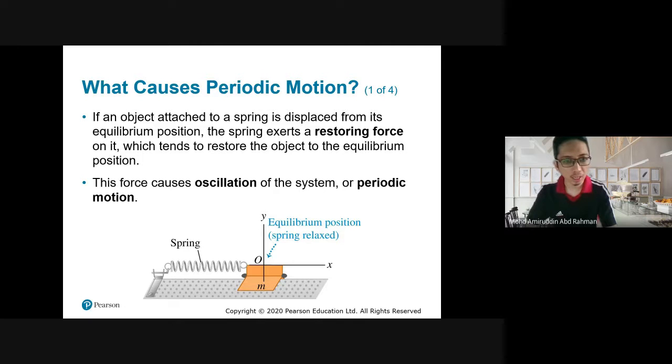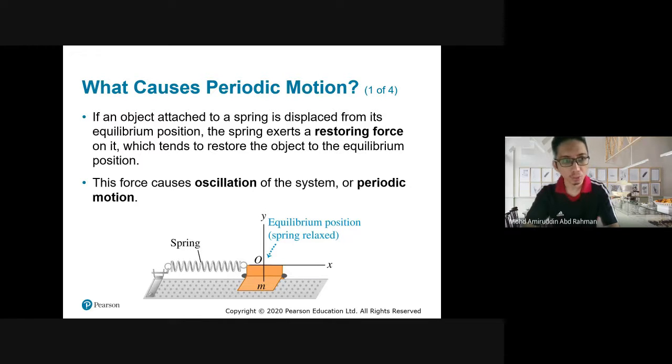If we move the object towards the spring, meaning that the spring is compressed, of course the spring will revert back to its original position, because that's the behavior of the spring: to restore its position.